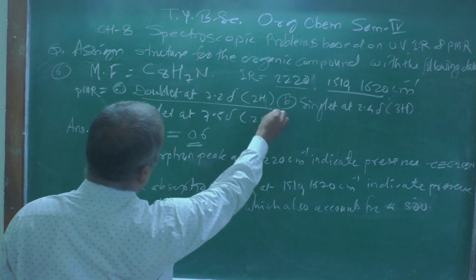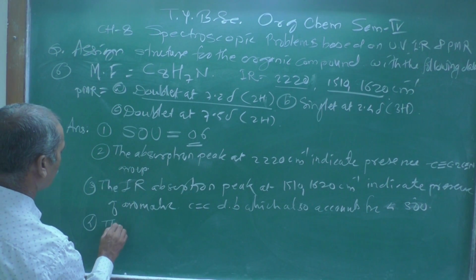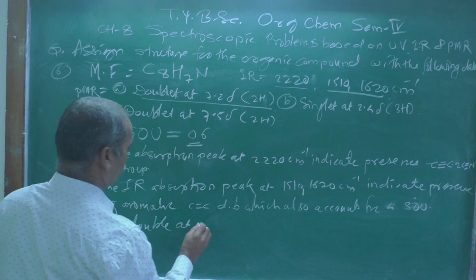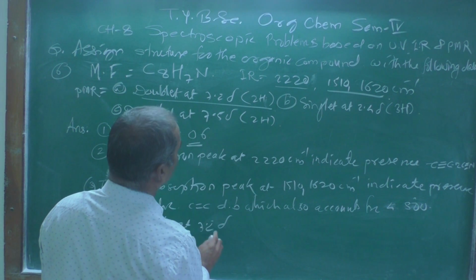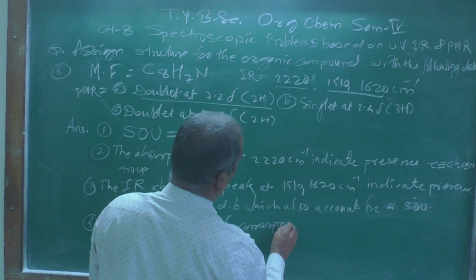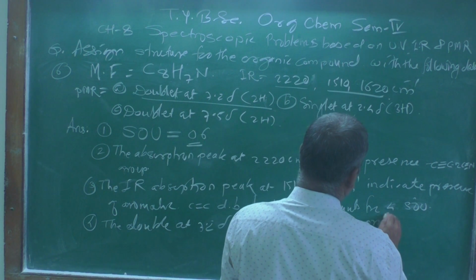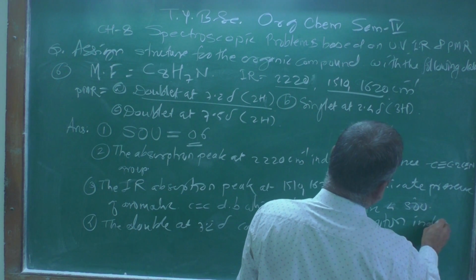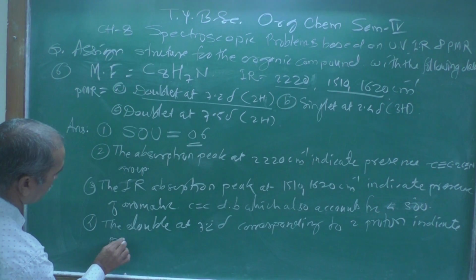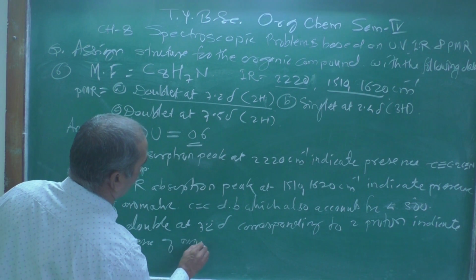Look here, the doublet is already given. The doublet at 7.2 delta corresponding to 2 protons indicates the presence of aromatic protons.